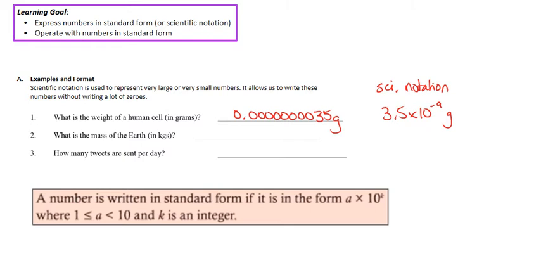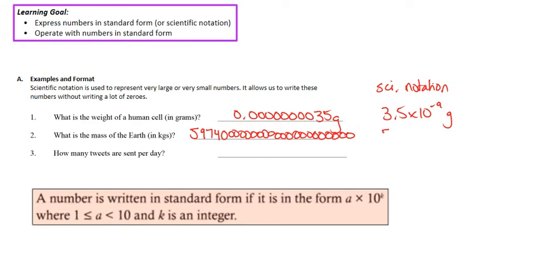Much more efficient. Another example, a very large number, would be the mass of the Earth in kilograms. That value is 5974 followed by 21 zeros. You can imagine, again, it's not terribly efficient to have to write it out this way when you want to communicate this value.